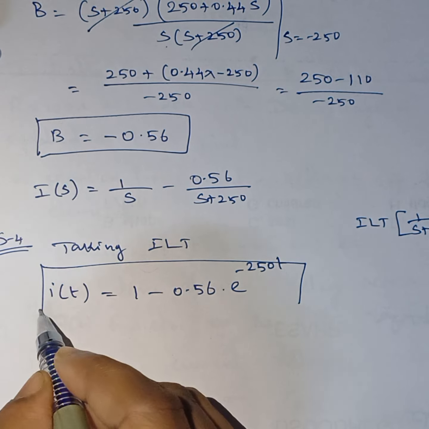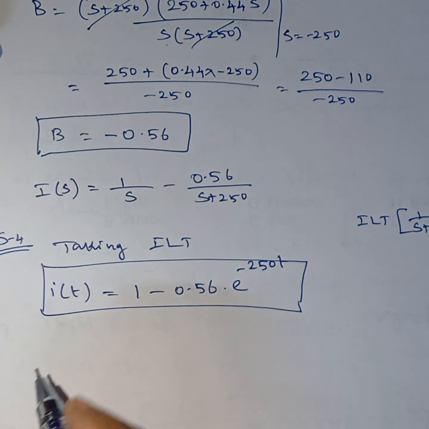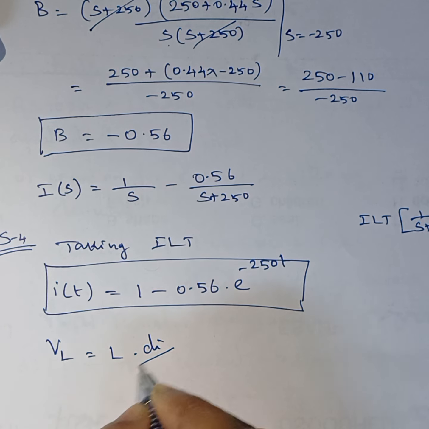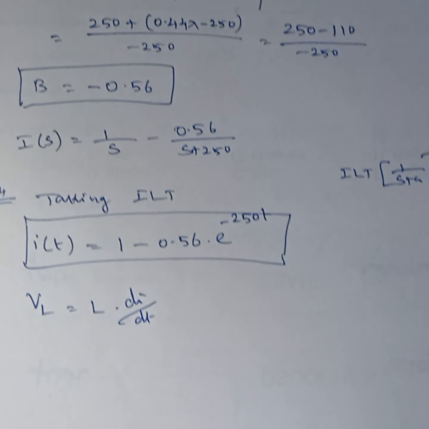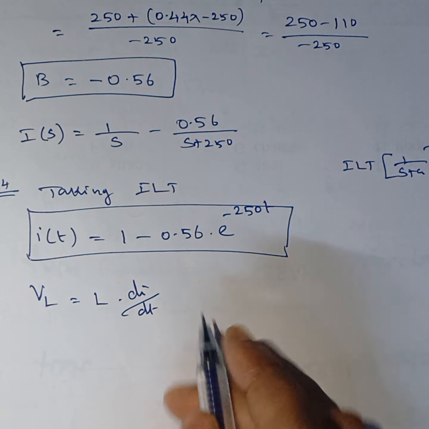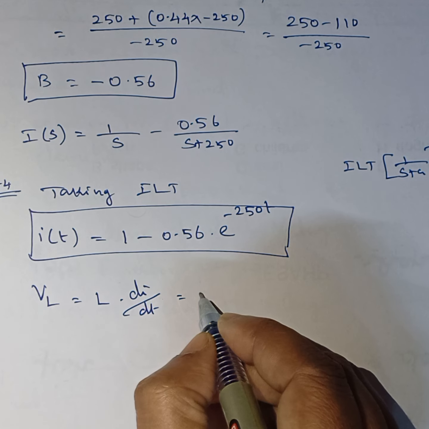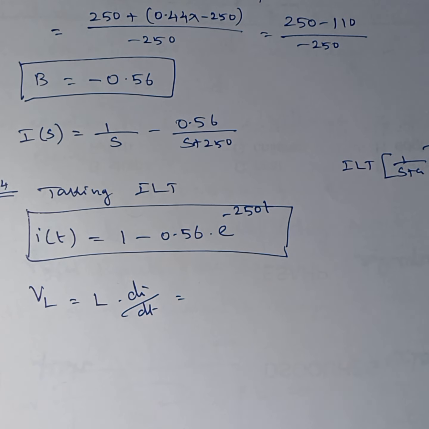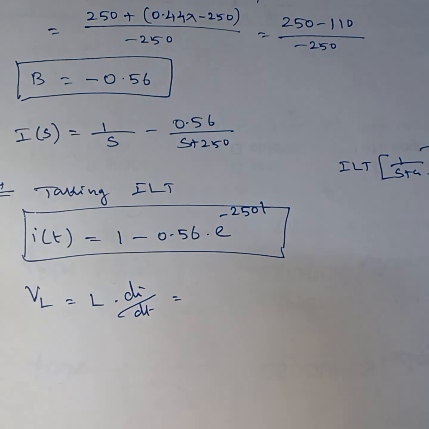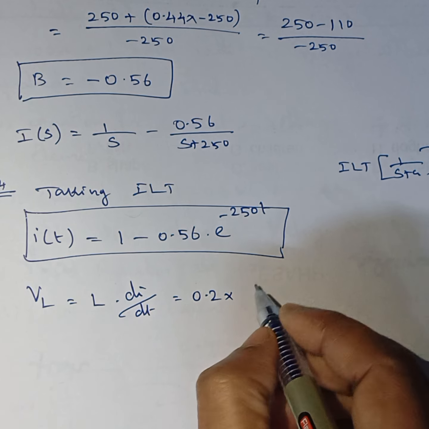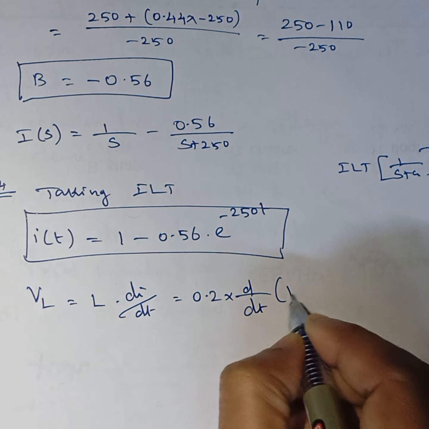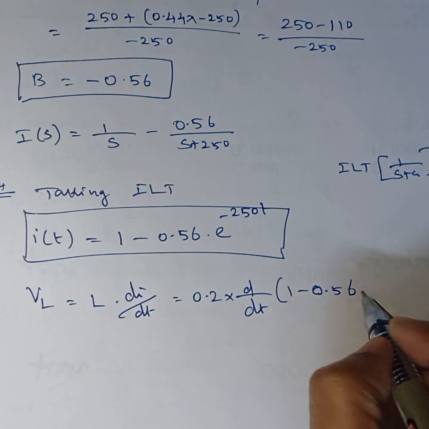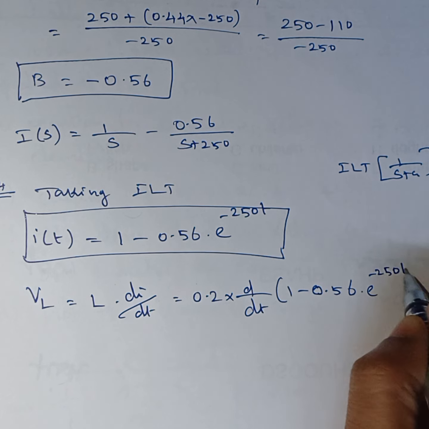Now this is where the I value is. Okay, so if they ask for the voltage across the inductor, that is L into di by dt. They asked for the voltage across the inductor in both the intervals, so this also we have to find out. The L value is 0.2, just check here, L is 0.2, correct? So 0.2 into d by dt of 1 minus 0.56 e power of minus 250 into t.